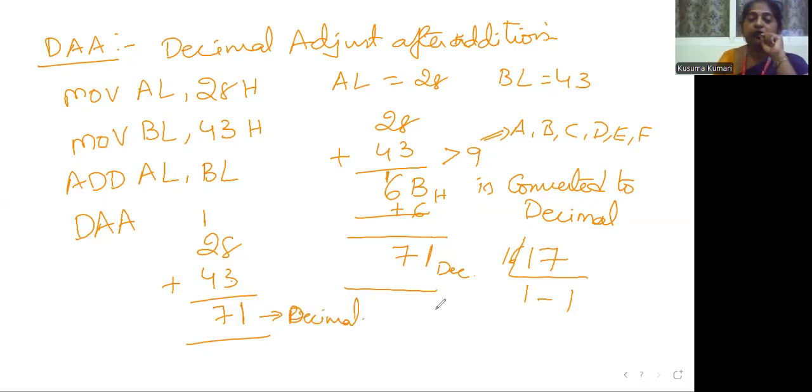So here, move AL comma 28, move BL comma 43, these numbers are stored in AL and BL, and after addition the hexadecimal result is available in AL. That hexadecimal result is converted into a decimal number by using the DAA instruction. That's why it is called decimal adjust after addition. Okay, so that is the thing.